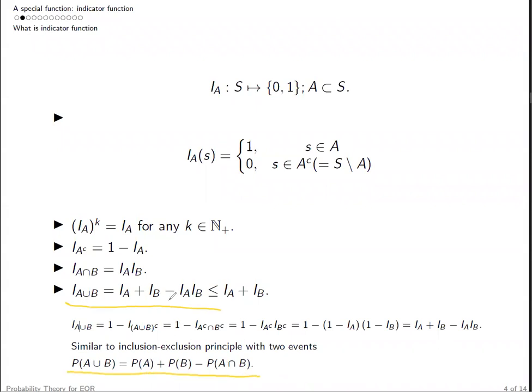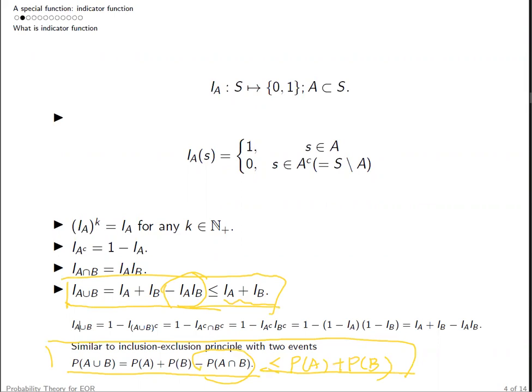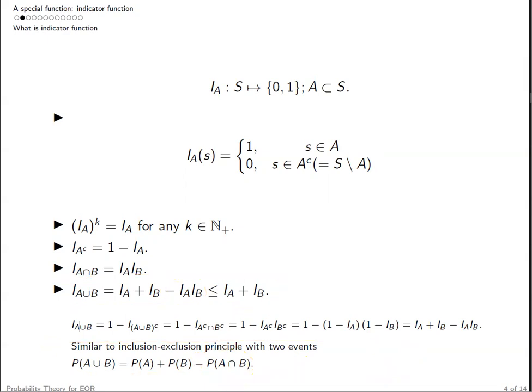And indeed, if we don't take into account the overcounting, this is smaller or equal to IA plus IB. This is also smaller or equal to PA plus PB. They two have such similar structure, there must be a way to link them together. And in later discussions of this video, we're going to show how these two are linked together by the fundamental bridge.